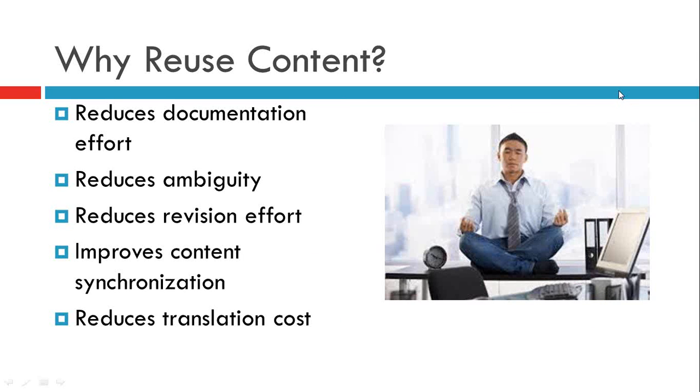Content reuse reduces documentation effort, and it reduces the ambiguity of the information, and also it reduces the revision effort along with the improvisation of the content synchronization, and then it reduces the translation cost.